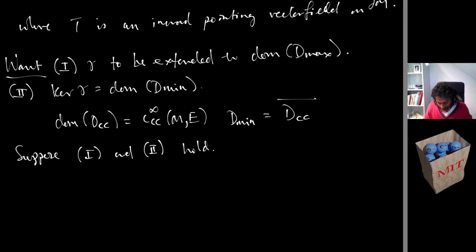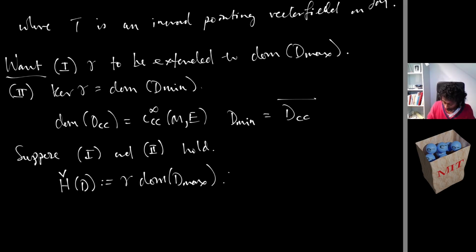So if I can simply define gamma on DOM D max, then I can define the so-called check space of D. And I'm going to define this as gamma acting on DOM D max. And this is going to be, of course, some subspace of measurable sections.